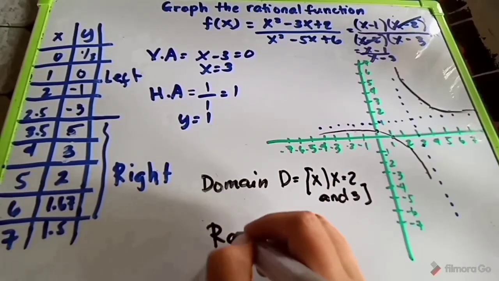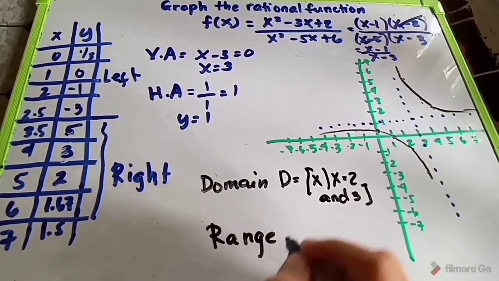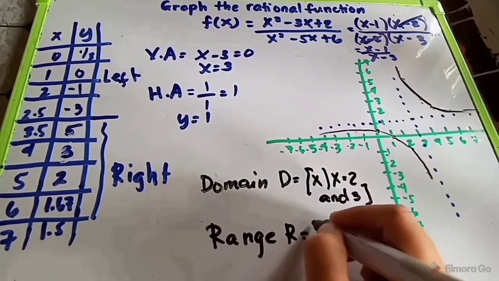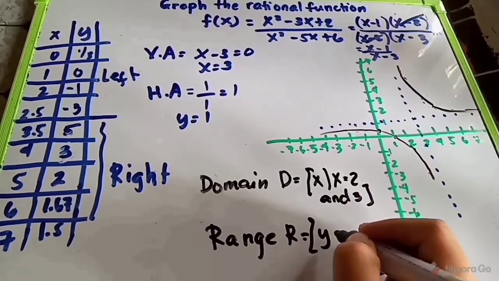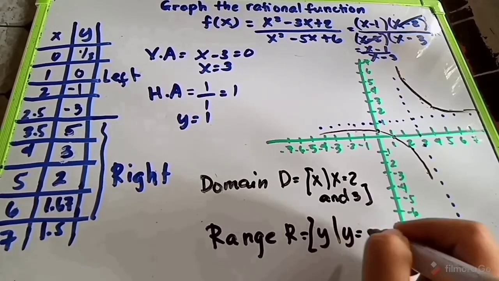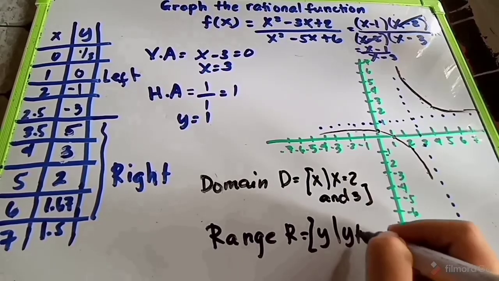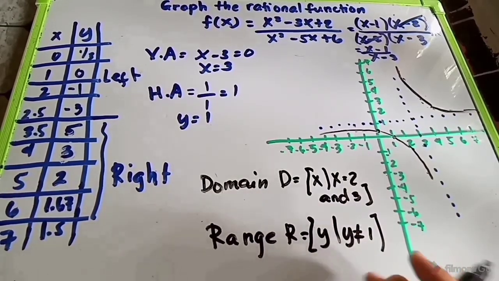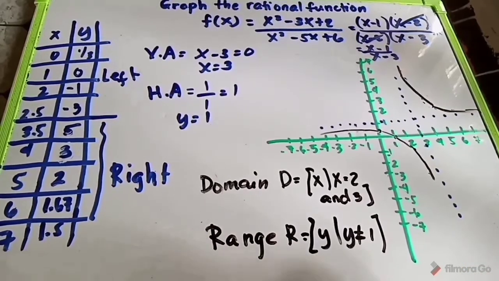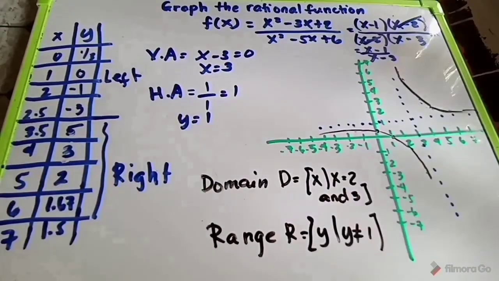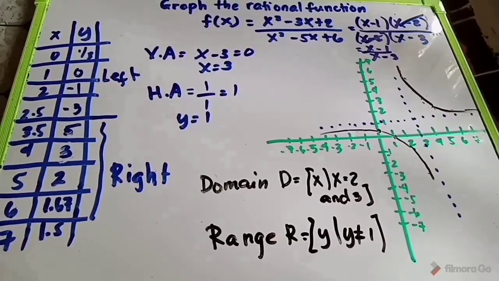And the range will be the elements of y, not only y equal to 1. So all the values of y are the elements of the range, and for the domain, all the elements x.